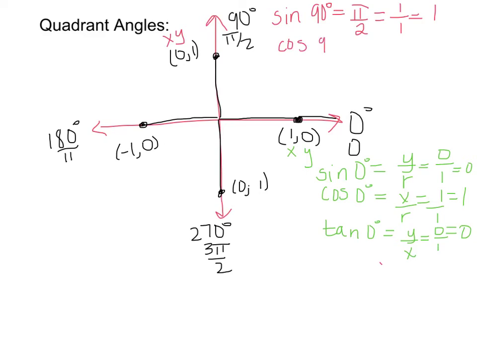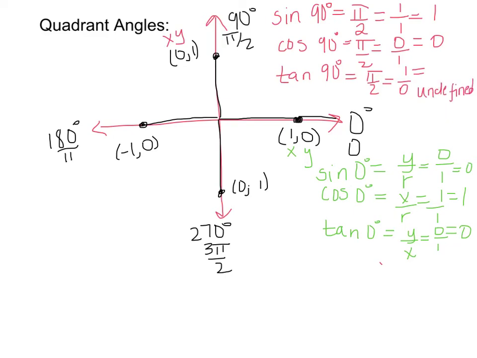Cosine is x over r, which is 0. And then tangent of 90, or pi over 2, would be y over x. And look, we can't divide by 0. So tangent of 90, or pi over 2, is undefined. So we cannot divide by 0.